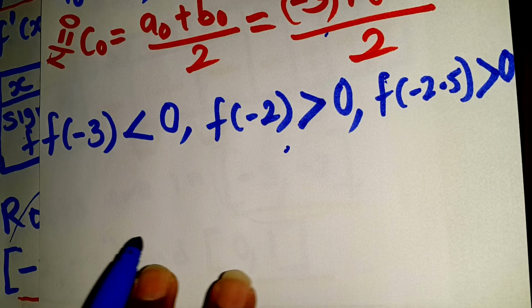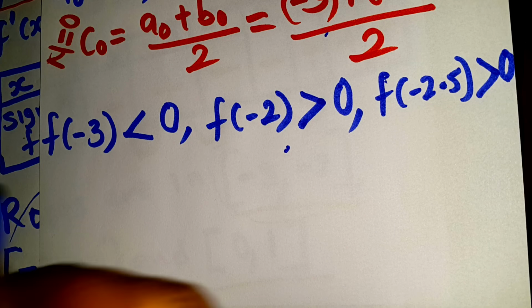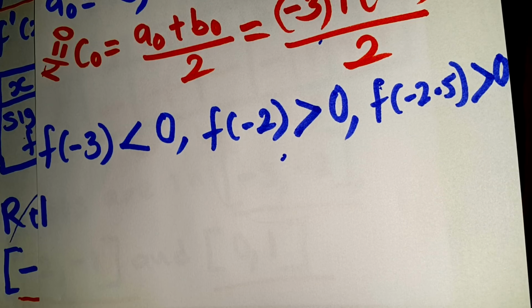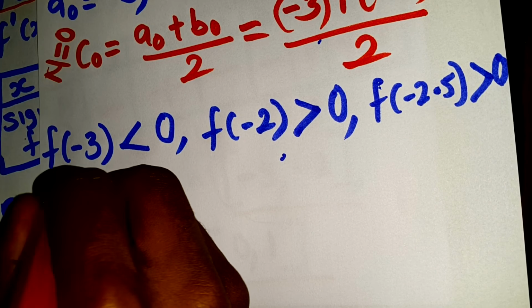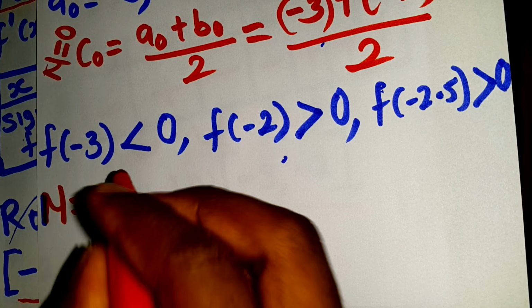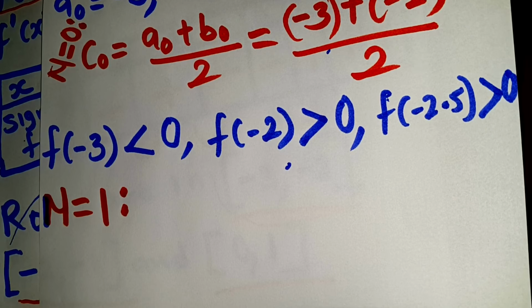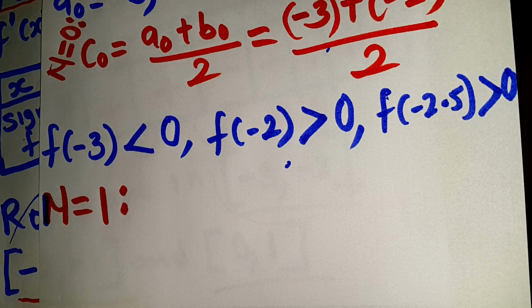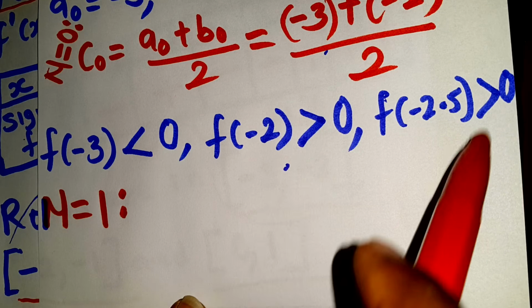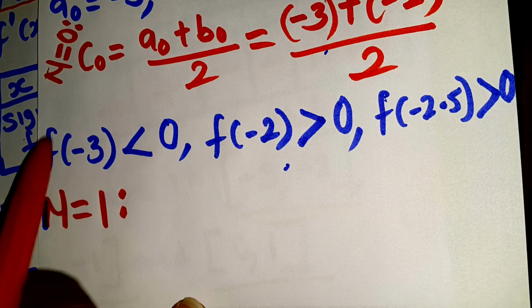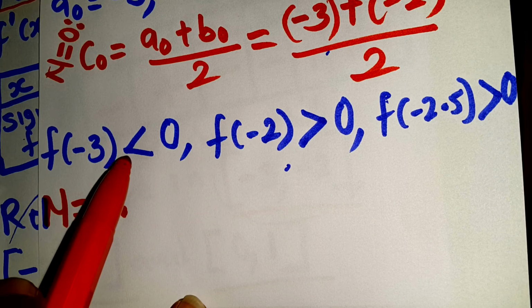So how do we find that, when n equals 1? Since we are looking for the smallest root, you have to look into the function values you just found.